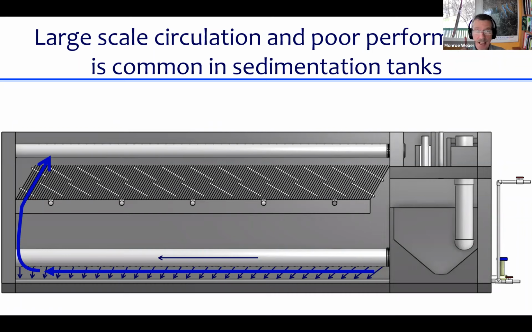And my good guess is that they discovered that all the flocs were coming up at the end of the tank, because the water is flowing horizontally down through this tank, and it all comes up at the very end, and it lifts a bunch of flocs up from the bottom right at that point. And so the end of a horizontal sedimentation tank is a bad place to collect what you thought was going to be clarified water. So this is just another example of water not doing what you might have first expected.